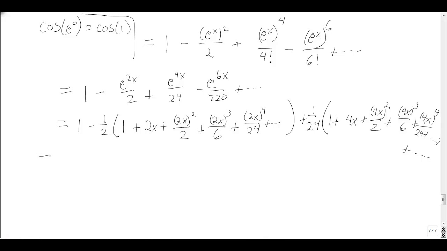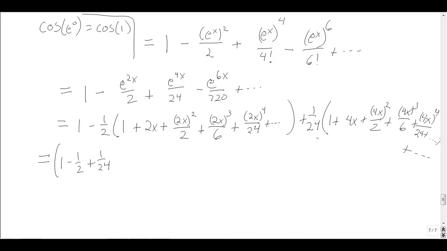So what we're going to end up with here, let's think about our constant term. Our constant term is 1 minus a half plus 1/24th. But you're going to get a constant term for every single one of these, so right away I'm noticing this is going to be a problem as I work this out.